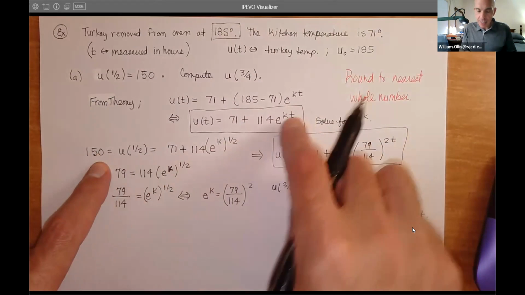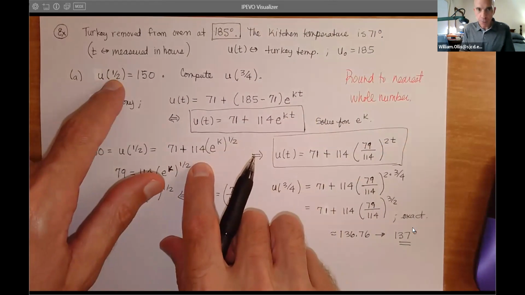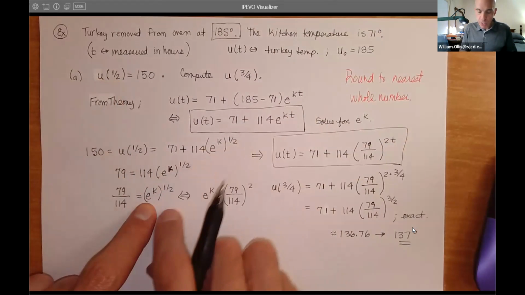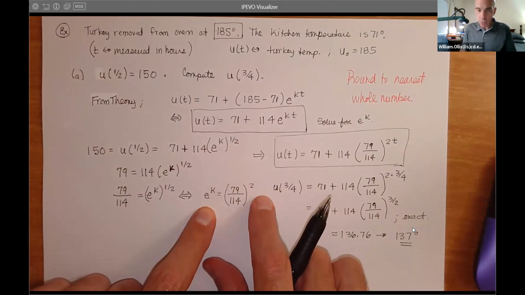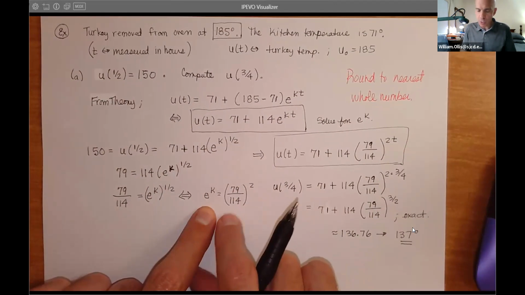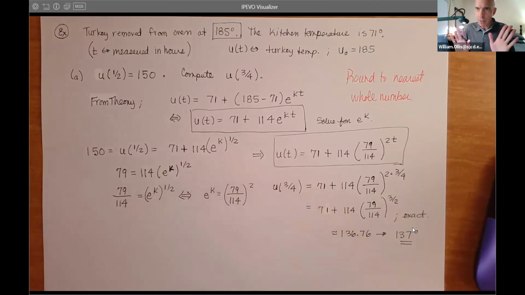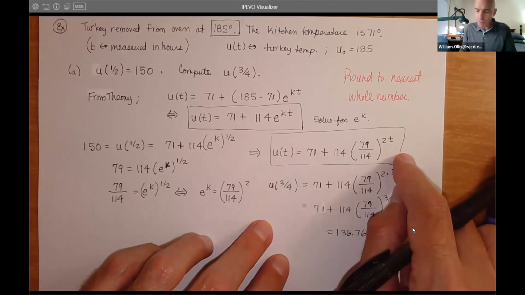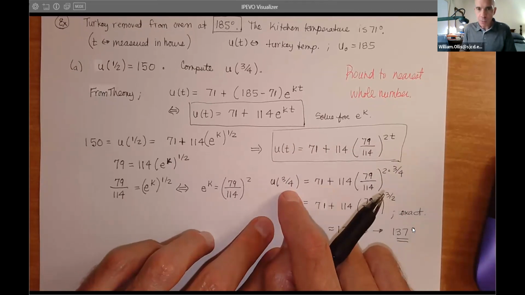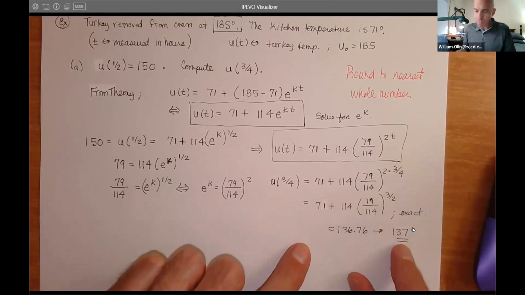Then to get the e to the k, we use the given information here. We solve for e to the k, we just get 79 over 114 quantity squared. That's easy. I mean, these numbers are easier than the last one with the 5,730, whatever. And so now when we substitute, we have an exact equation for which we can substitute 3/4. So now it makes perfect sense.